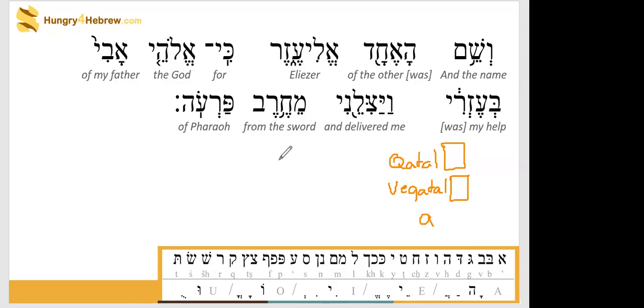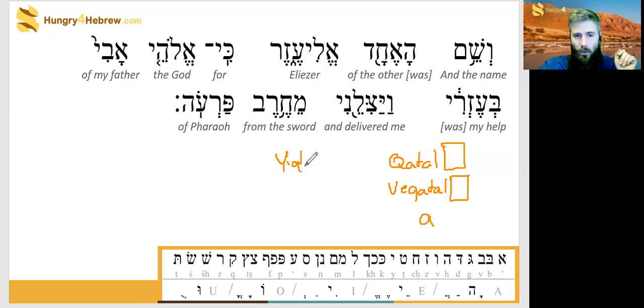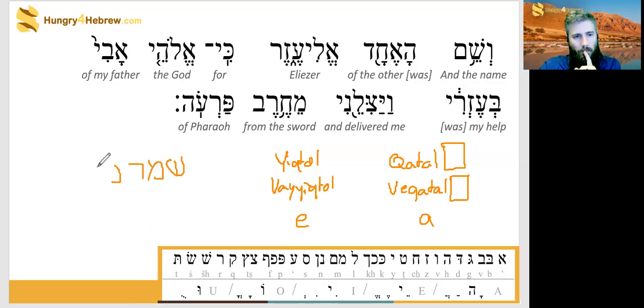But your prefix conjugations like yiktol and vayiktol, their connecting vowel will be either a tsere or a segol, some sort of an eh vowel. So let's say God guarded me.